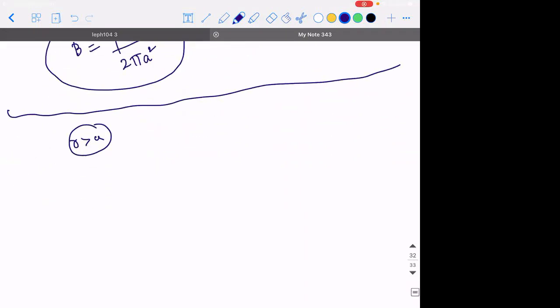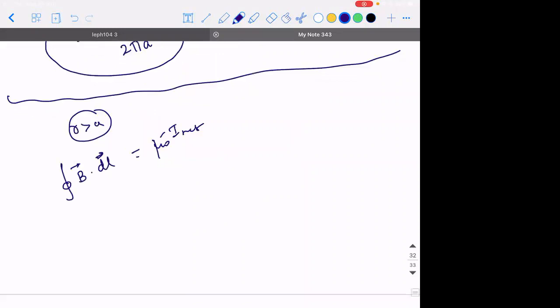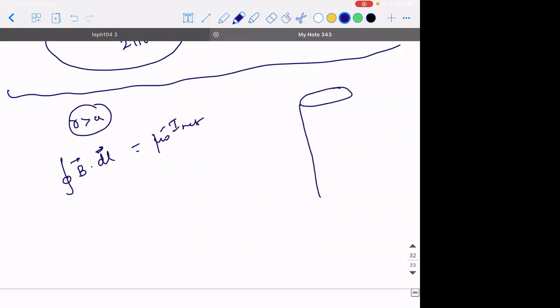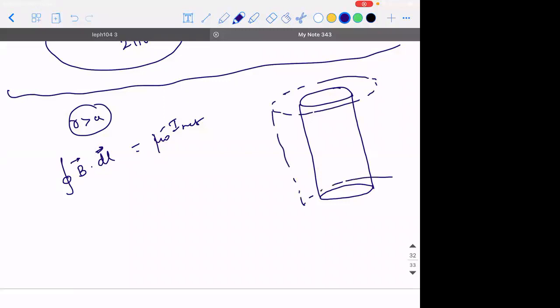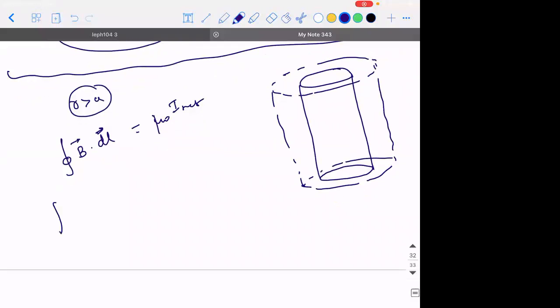So for r greater than a, the line integral of B vector dot dl vector will be equal to mu naught into I net. But now, where are we considering the loop? You're considering it outside. So for this outside portion, the line integral of B into dl into cos 0 degrees will be equal to mu naught into, what is the value of I net here, guys?